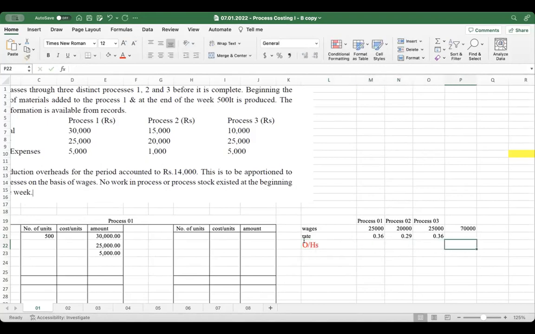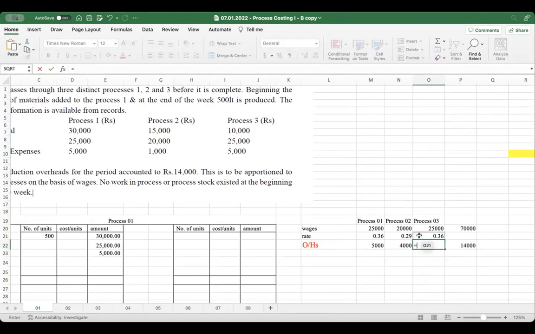So let's allocate the overheads, right? How much overheads? It's given 14,000, right? Total overheads. Now we need to see how much for process 1. Allocation is based on wages, no? So for process 1, we have 5,000 overhead costs. Then process 2, let's see, 4,000.